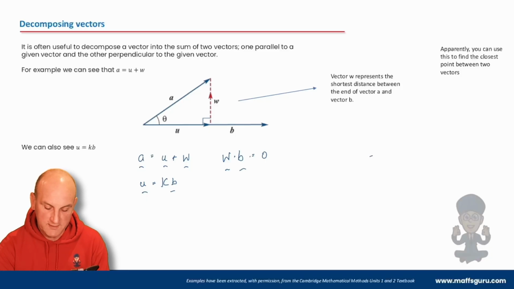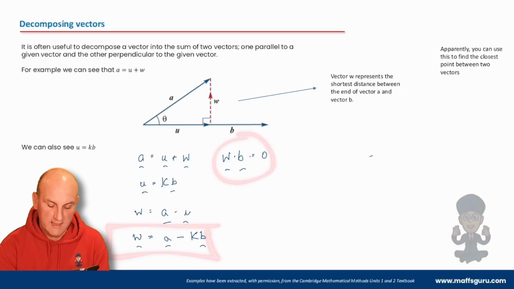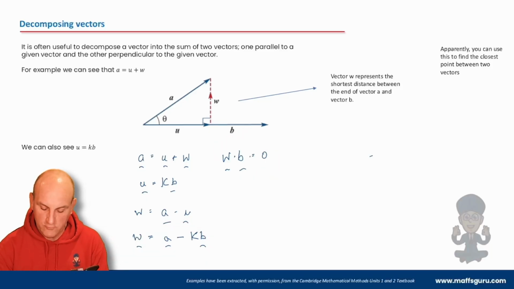We know from this that W can be expressed as A minus U. We know that W is therefore A minus some constant times B. Now because we've got this W, I'm going to substitute it and say, therefore, A minus some constant times B, dotted with B, must be equal to 0.